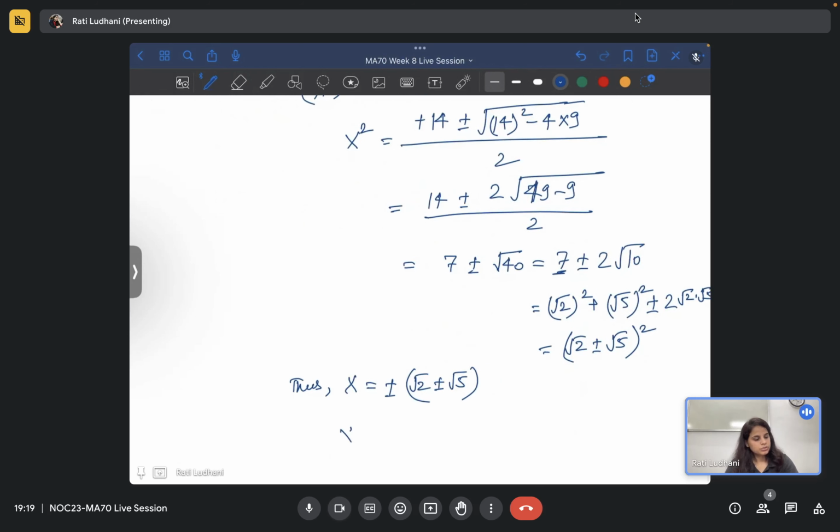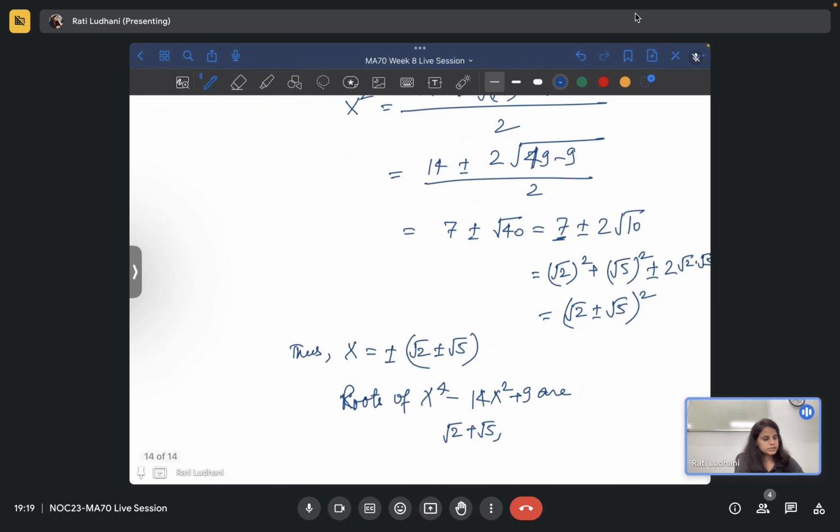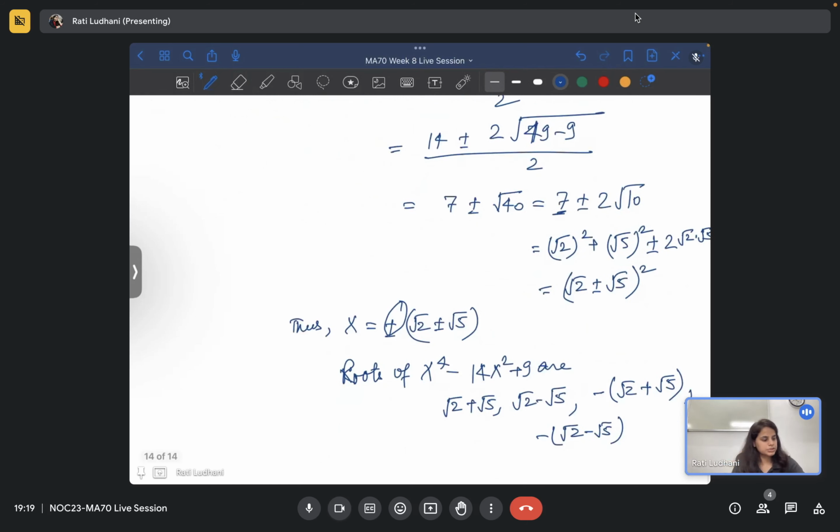So the roots of x raised to power 4 minus 14x squared plus 9 are root 2 plus root 5. Now you take plus of this, and you take both the options, and then you take minus of this, that is minus root 2 plus root 5, and minus root 2 minus root 5. So you have all these options.